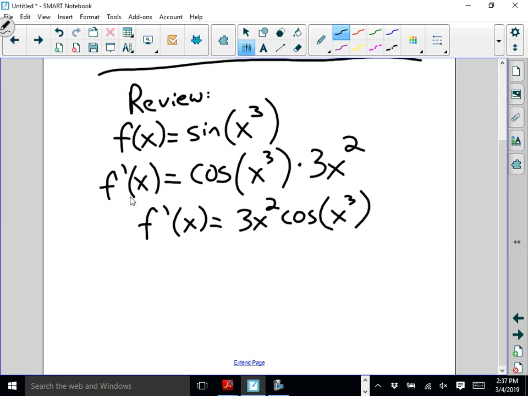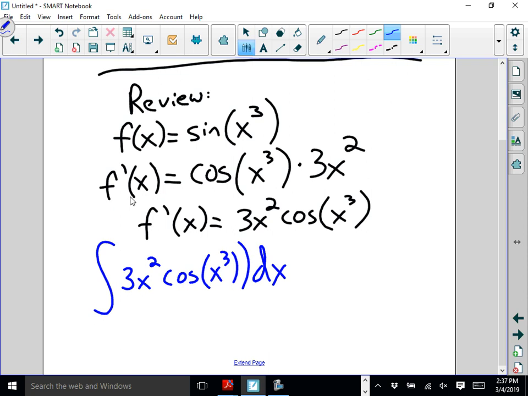Now imagine this. What if I asked you to find the antiderivative of 3x squared cosine of x cubed dx? Well, again, an indefinite integral is simply the antiderivative plus c.